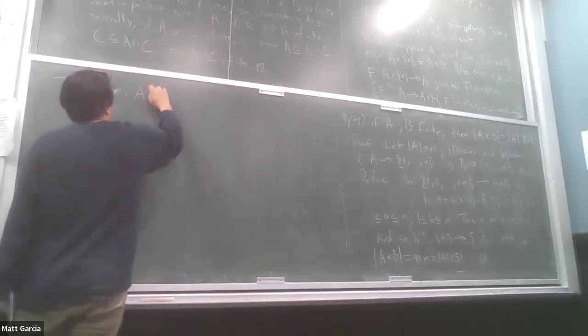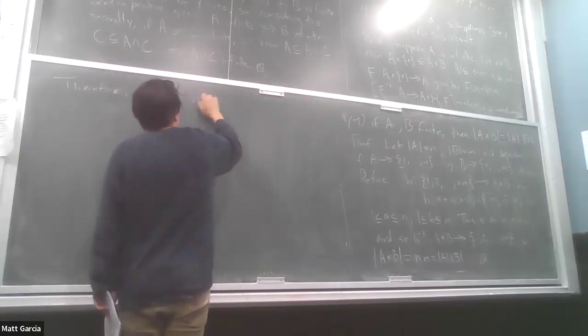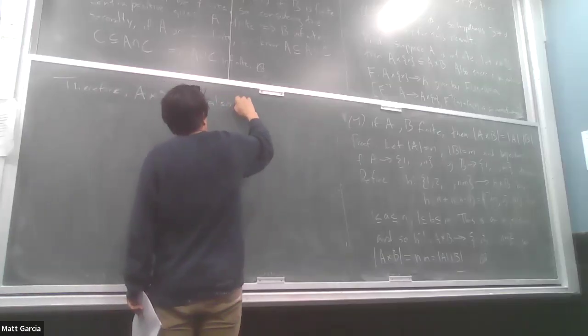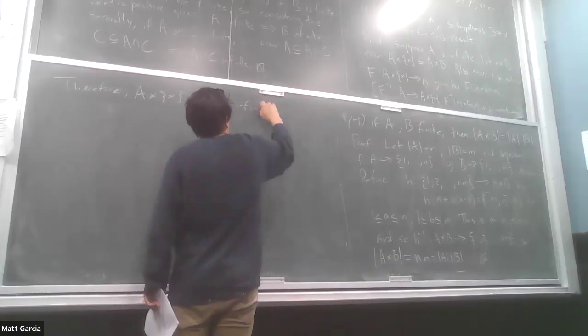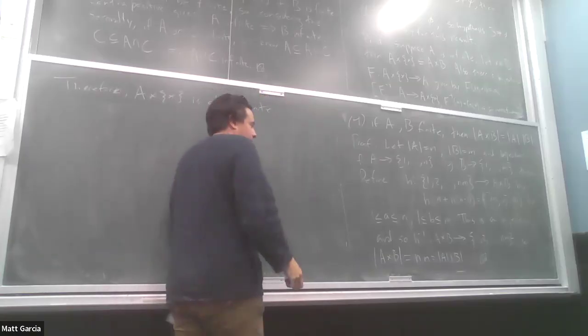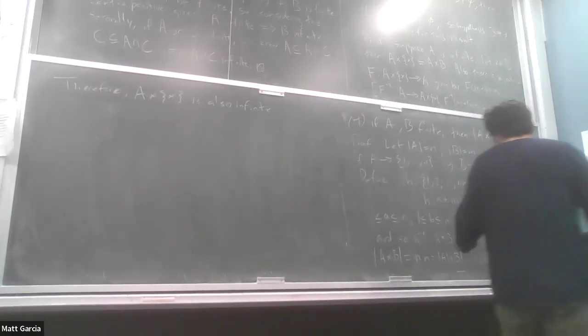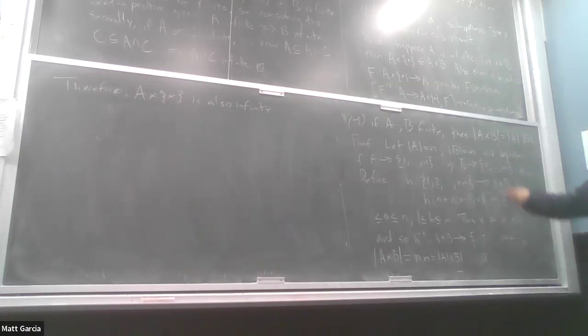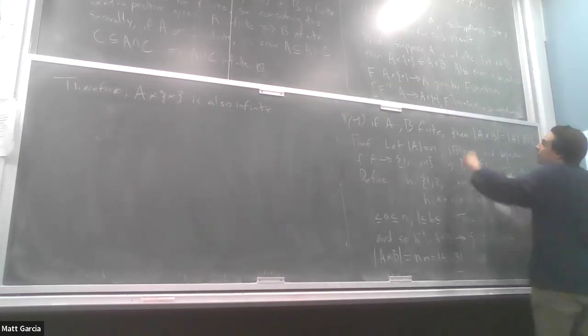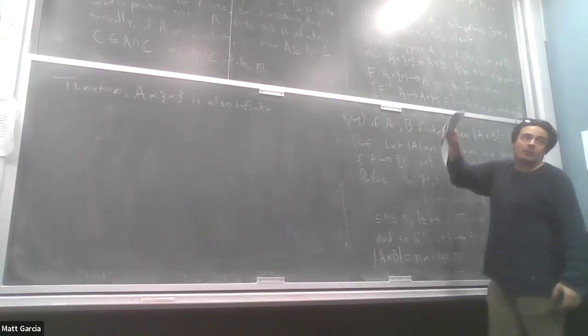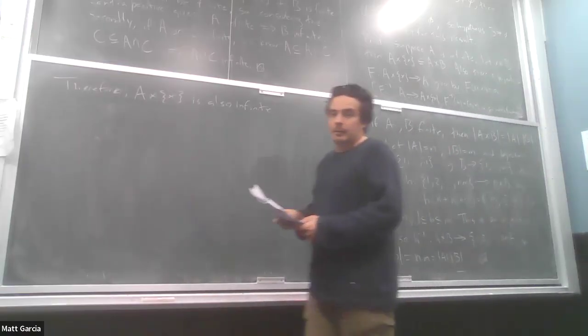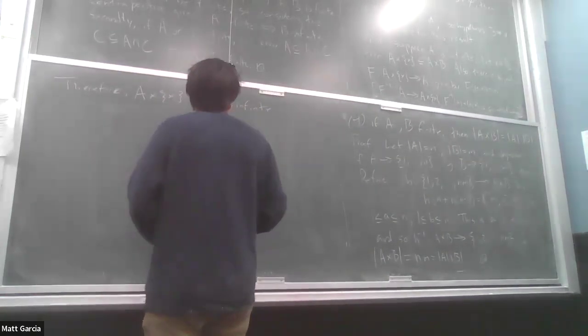Therefore, A cross the single element set X is also infinite. That is to say, it is in bijection with the infinite set A, so it must also be infinite. Okay.